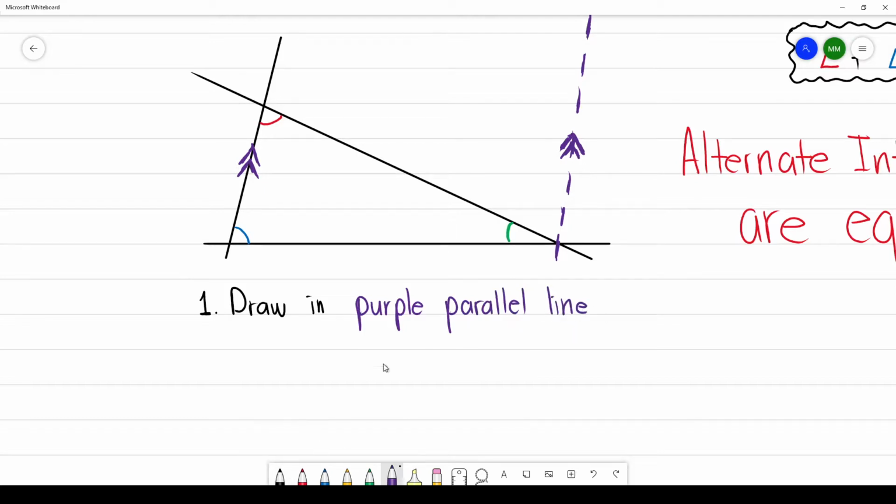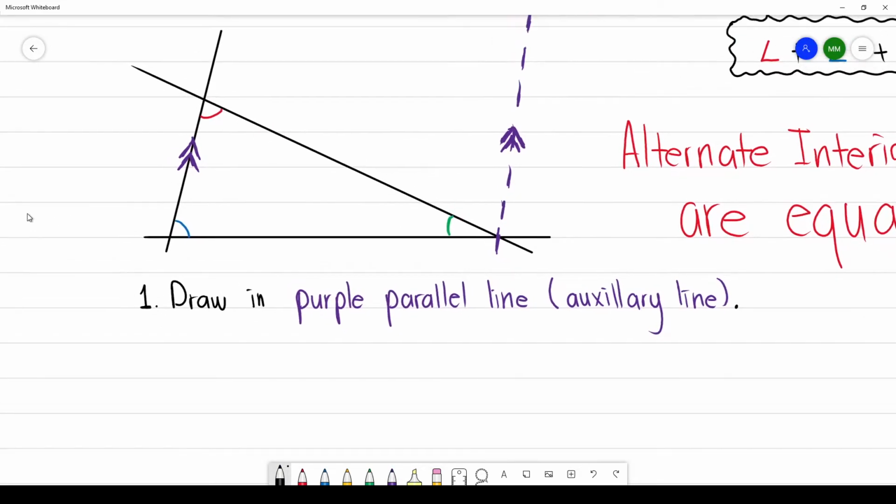Okay. And when you draw in a line in geometry, we call that an auxiliary line. It's a line that helps us in the question. An auxiliary line, a helping line. Okay.